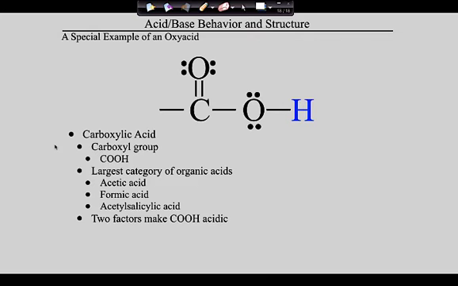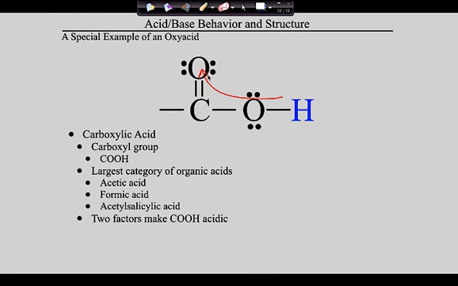But guys, what is it that makes this thing acidic? So let's talk. What is it that makes this acidic? You said it, Brandon. Say it again. It's the drift, right? So one of the things that makes this acidic is that this causes drift.